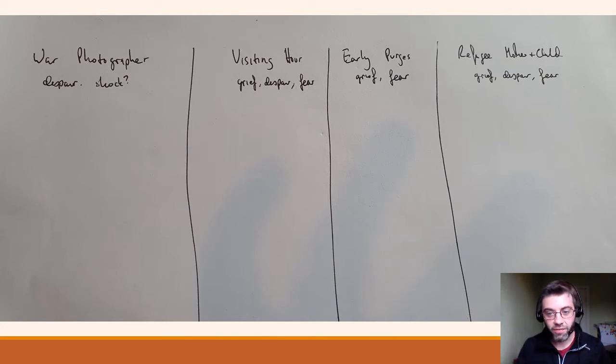So this is just something I've sketched out and then taken a photo of to show you. 4 poems there: War Photographer, Visiting Hour, Early Purges, and Refugee Mother and Child. All poems that I've taught before, might teach this year. So I've put down each of them, and then underneath that I've put down what the emotions would maybe be that would relate to those individual poems.